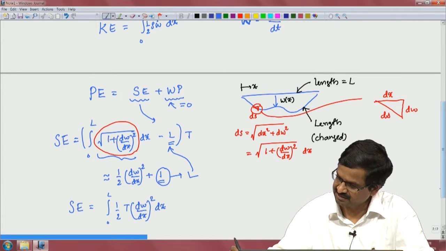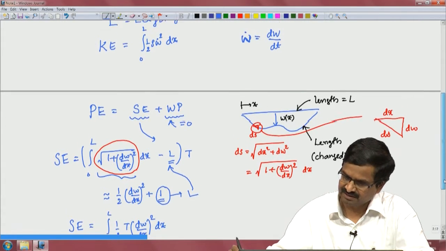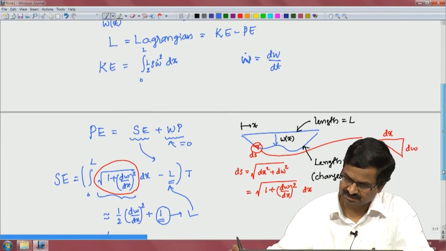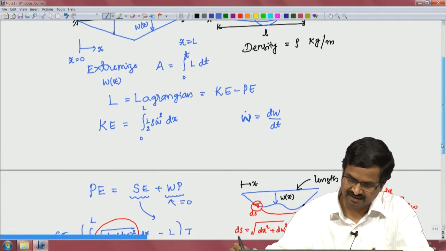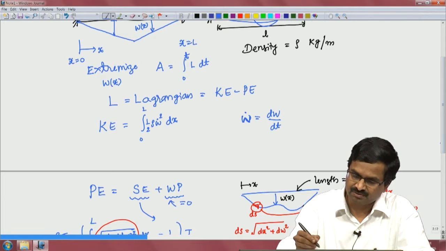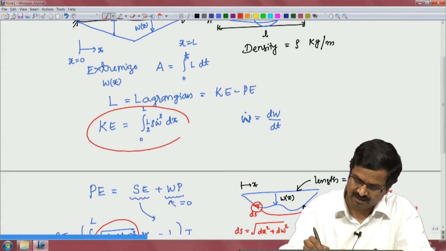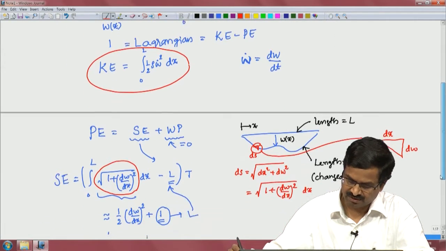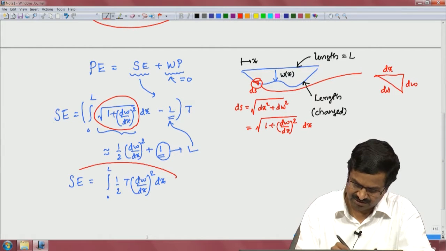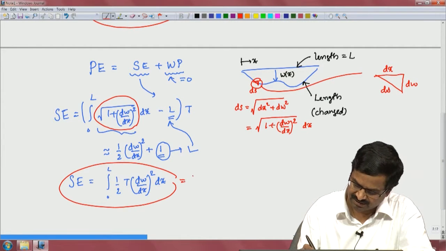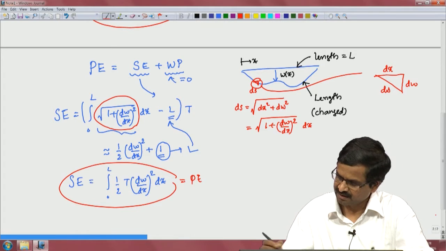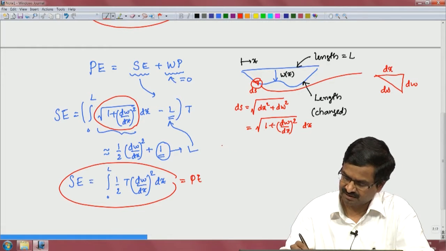So, I have the strain energy, which is the potential energy. Let us recall the kinetic energy that we have written over here, and now we also have the strain energy, which in this case is equal to the potential energy.